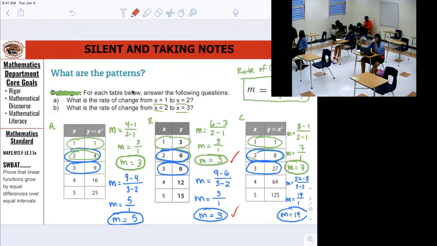All right, so that is going to tell us something very important. What that means is that this relationship, this function, is a linear function. So I'm going to label this one as linear. I'll talk a little bit more about what that means. But for now, just know that this one is linear, and the other 2, since they did not have the same rate of change, are nonlinear.